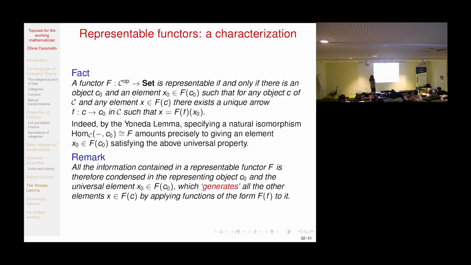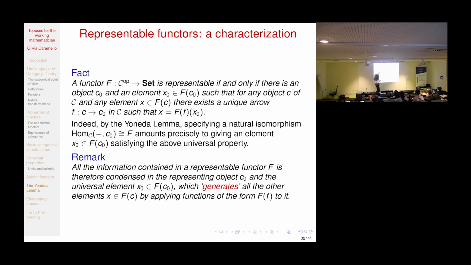So a functor is representable if and only if, well, first let's recall, technically we say that a functor is representable if it is naturally isomorphic to a hom functor. So a functor is representable if there exists some natural isomorphism with a functor of this kind, a functor associated with a particular object, let's call it C0.